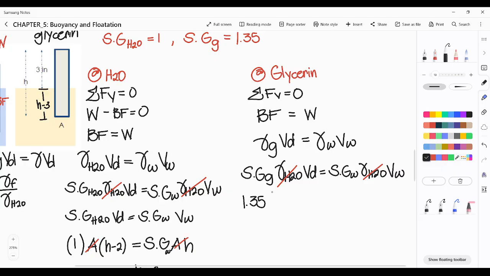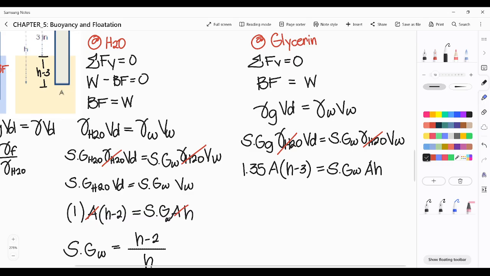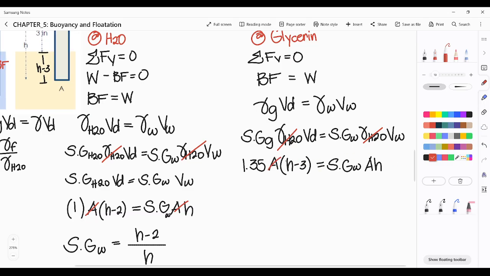And again, the area is uniform, so we can say that our volume displaced is area times the height minus 3 inches. Hindi ko na nilagay yung unit, but it's in inches. And then the Sg of the wood is what we're looking for, times the volume of the wood is simply the area times our H. And from here, cancel out lang ulit yung ating area since it's a uniform block.